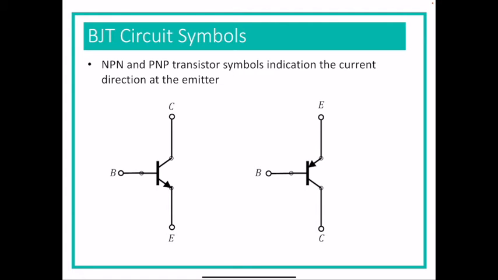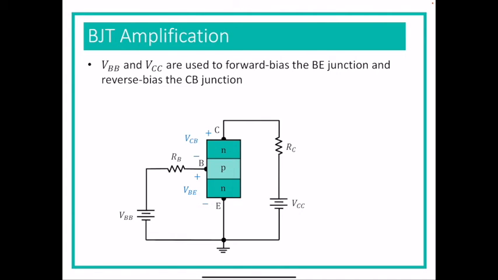And if we wanted to use these as an amplifier, which we do quite frequently, basically VBB and VCC, so you have two voltage sources. There are ways to do it with only one, but again, we're not going to talk about that. They're used to forward bias the base-emitter junction and reverse bias the collector-base junction. So that means at the base there is a DC voltage, and that DC voltage is equal to VBE.